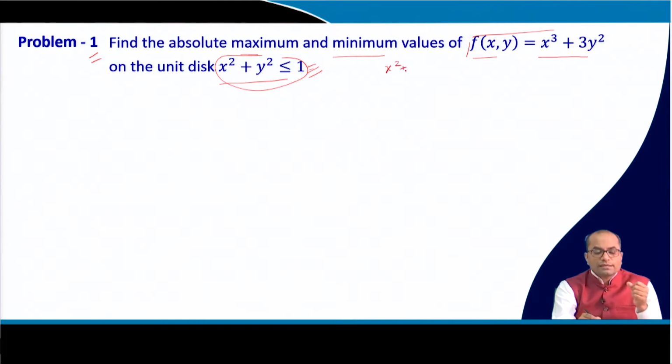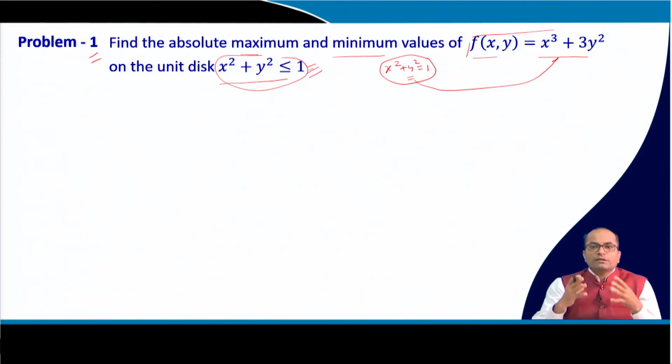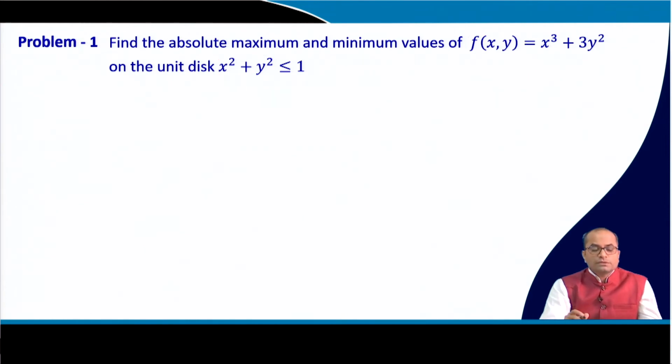So we considered x squared plus y squared is equal to 1, and from here we converted the problem into a problem of one variable. That means this y squared was substituted in terms of x squared, and then the problem of one variable was optimized using the techniques we know for functions of one variable.